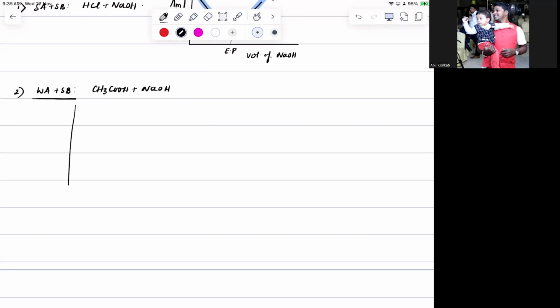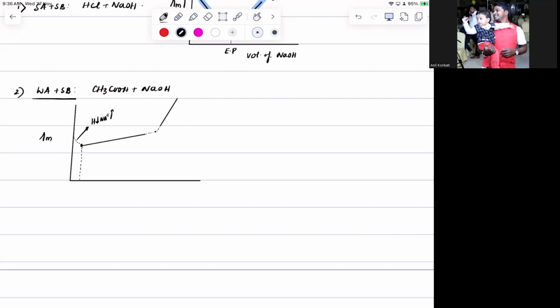In that case, if you compare lambda m, initially there will be a very small decrement. This is because of H plus being lost and Na plus being gained. Then afterwards, it will be increasing here, reach a value, and from there, again start increasing.